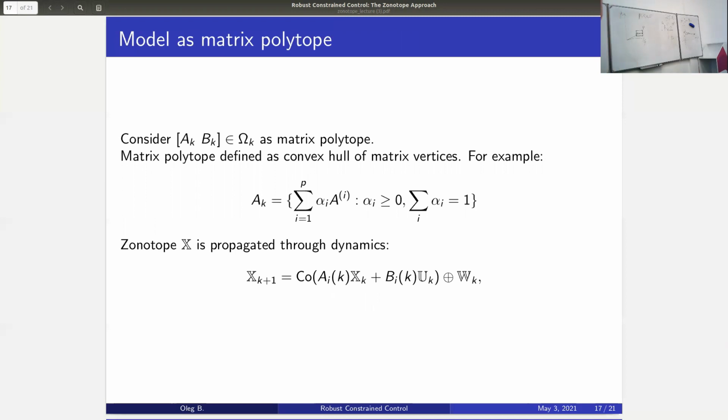In the first approach, we can describe our model as a matrix polytope. It's a linear combination of several matrices with positive coefficients whose sum equals 1. I think you know this formulation about the convex hull.